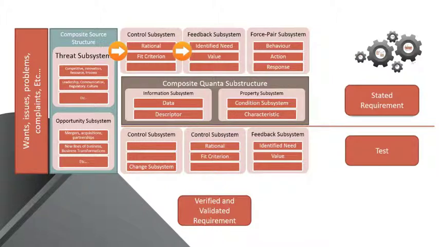We have to identify that the need matches value for the organization. Again, nothing new. The IIBA has been teaching us this for years. Does that identified need match value for the organization? If so, let's proceed and identify what it must do, what actions it will take, and what responses there will be.